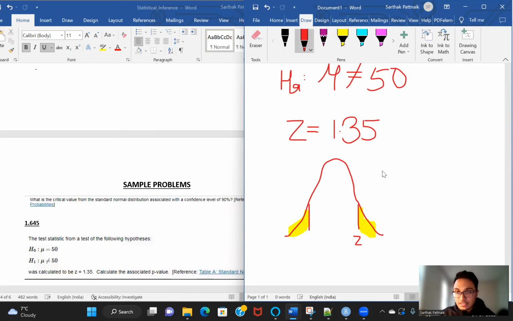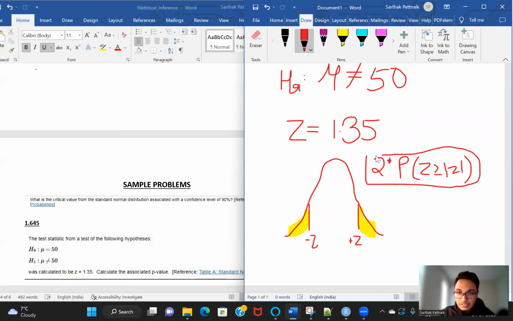And so what we had seen previously is we need to calculate twice the probability of Z greater than or equal to mod Z. This is the area in concern for a double-sided Z test, and we multiply it by 2 because we know from the property of symmetry of a standard normal distribution curve that the area to the right of the test statistic is equal to the area towards the left of the other end of the test statistic, which means area to the right of plus Z is equal to the area to the left of minus Z.